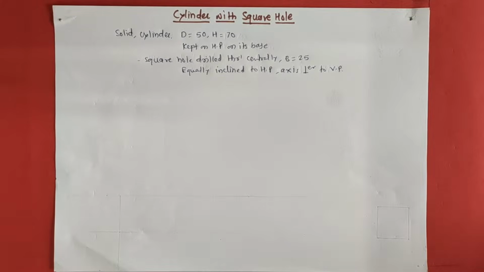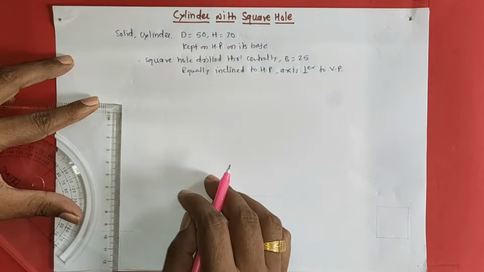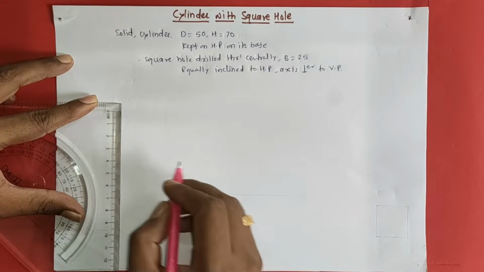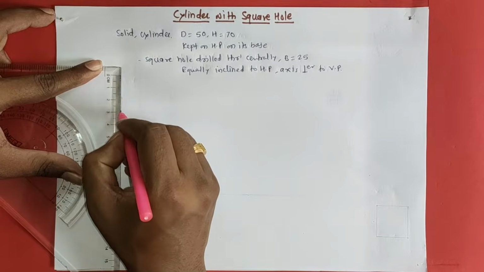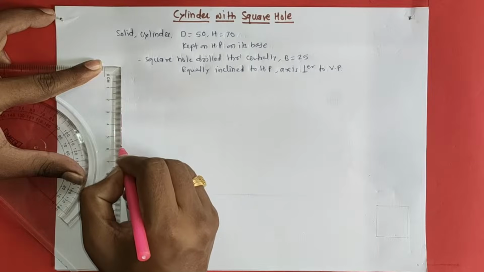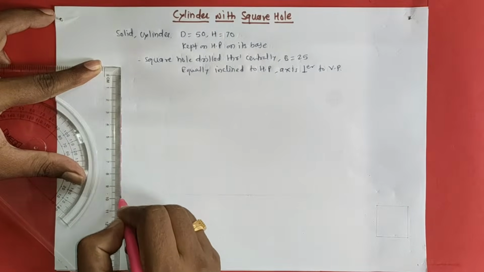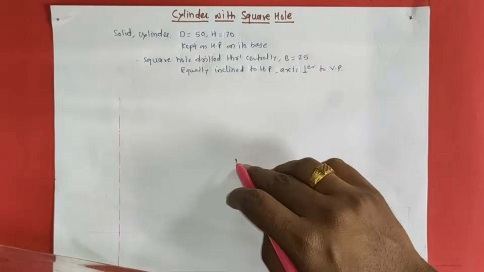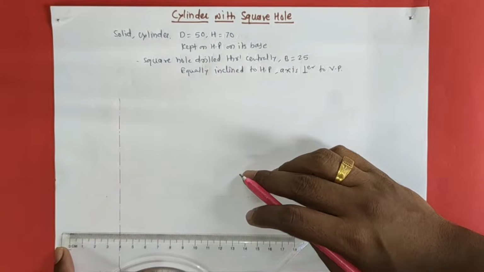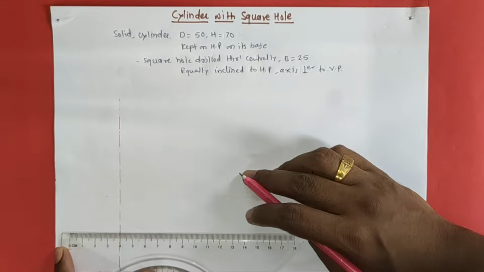For the circle we have to draw center lines. I will draw the center line first in top view. I will take this as a center line. From front view I will extend it to top view. I am using a pen here, but you should not use a pen. You should use an H2H pencil.